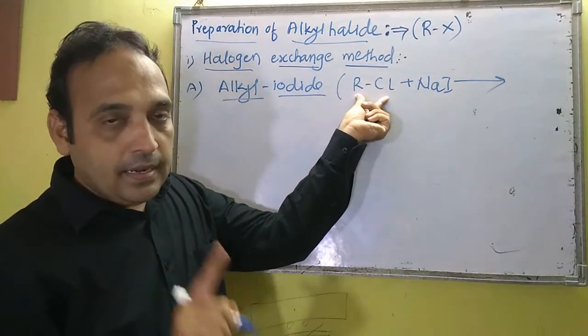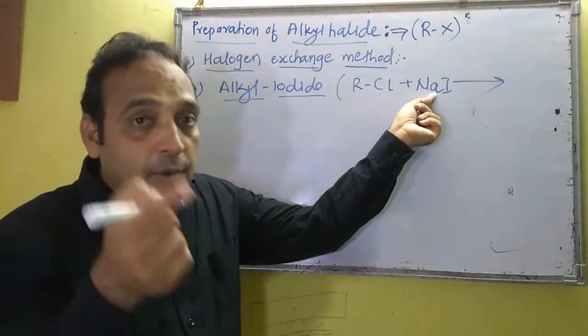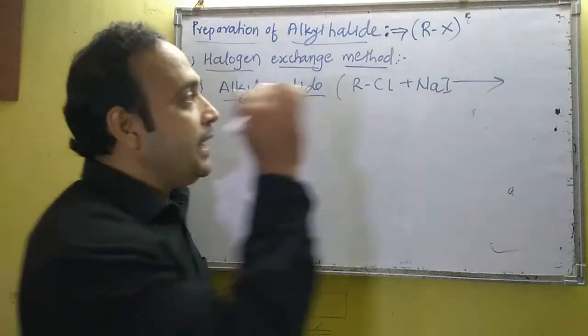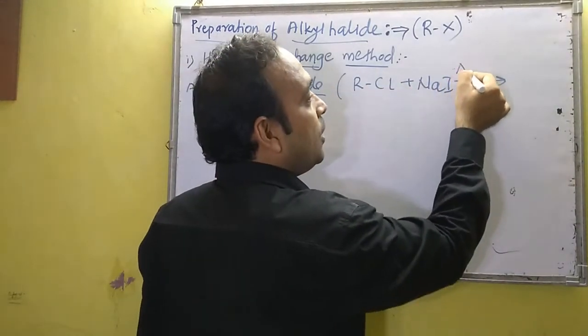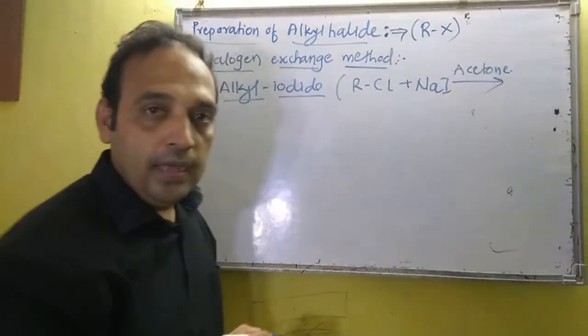Alkyl chloride RCl reacts with metal iodide. Which metal iodide have I used here? Sodium iodide, in presence of acetone or methanol.